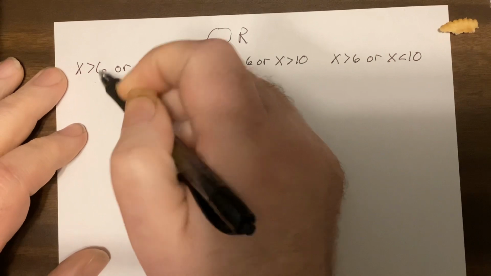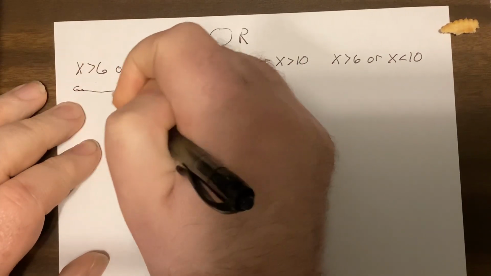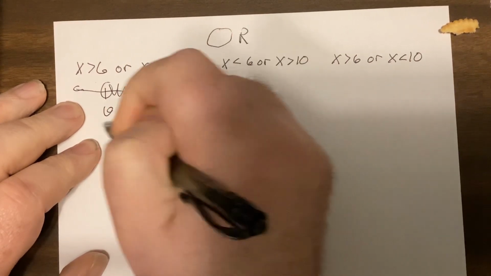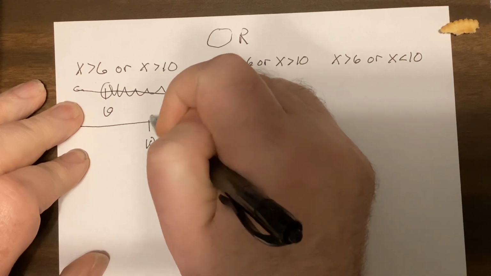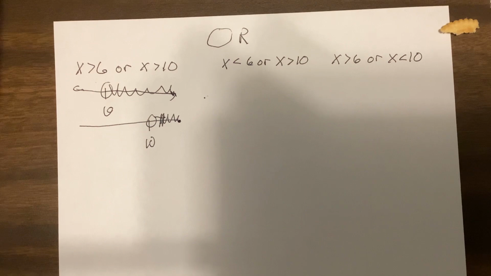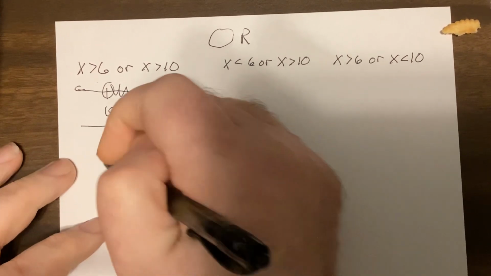So, this, x is greater than 6. Here's that statement. Here's x is greater than 10. Now, OR is wherever there's shading, bring it as part of your answer.